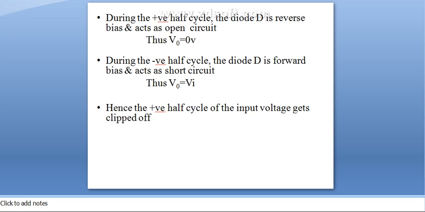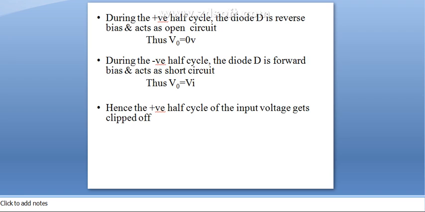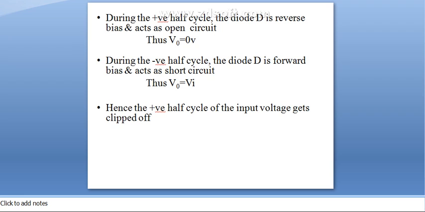During the positive half cycle, the diode D is reverse biased and acts as an open circuit. So then V0 equal to 0 volts.